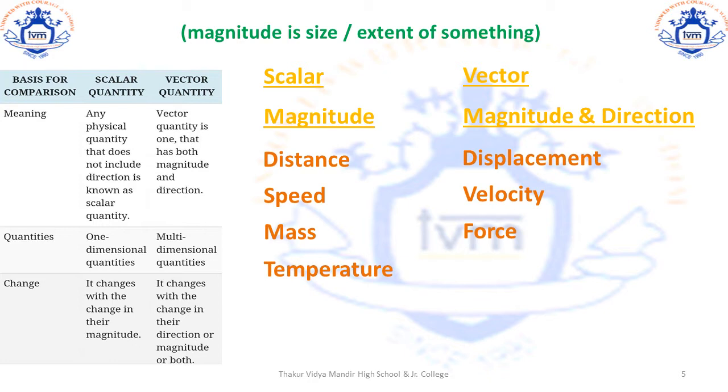So the car has more acceleration. Now you can accelerate in the north direction, in the east direction, west direction. So you can basically apply direction to acceleration, to the change in your velocity. So acceleration is a vector quantity.